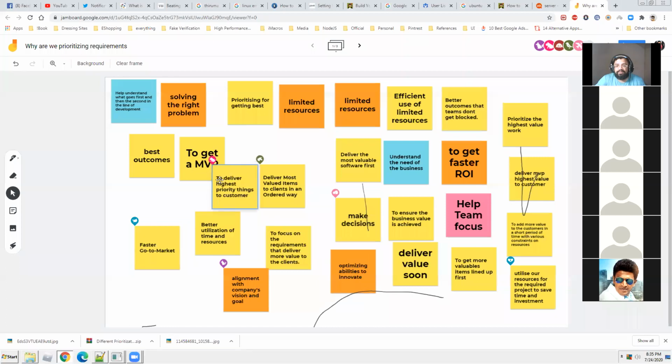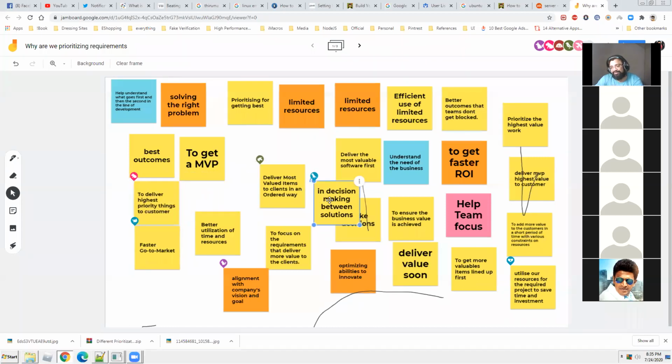So solving the right problem, that's perfect. Decision making between solutions and keeping the team focused.